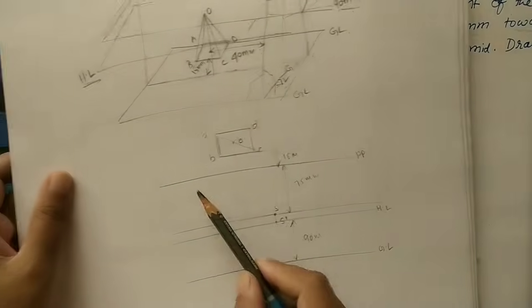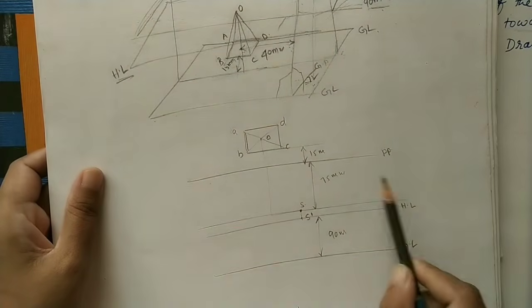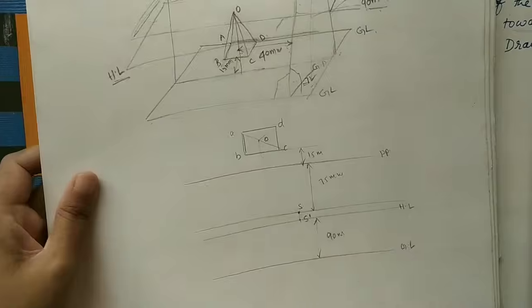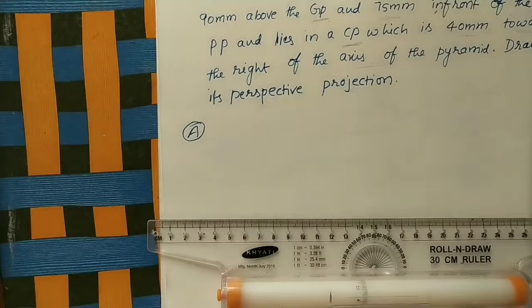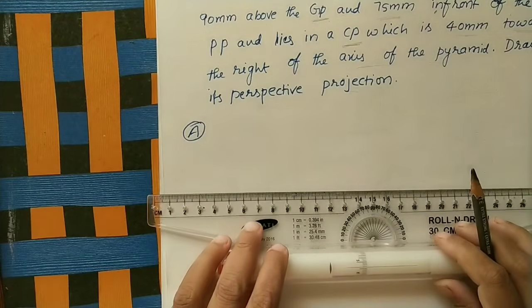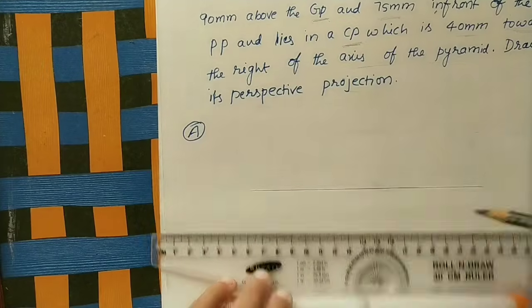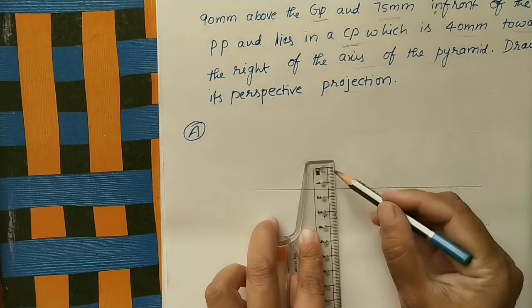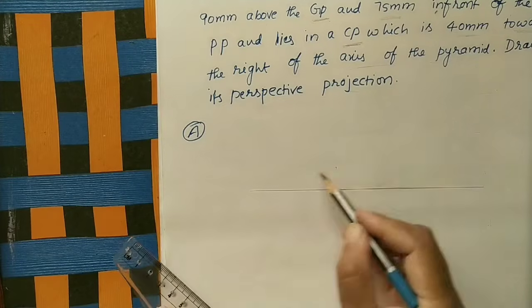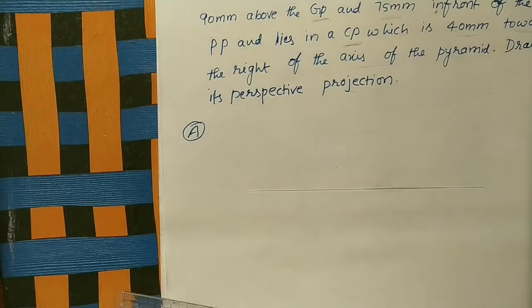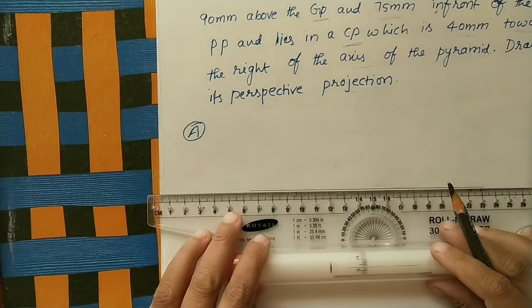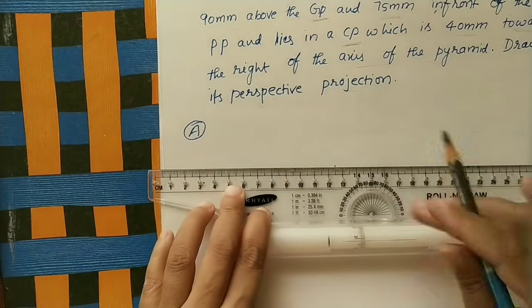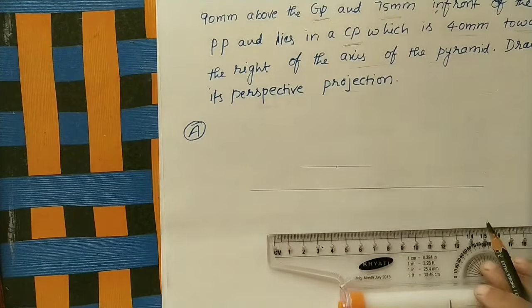Okay, here initially take a PP line of some length. Above PP draw one square. So take one horizontal line here, 15 centimeter from it. Mark one point. Here draw one square which is passing through this point. Initially I am using a roller scale for drawing the parallel line. Draw one line. Okay, the square side is how much?